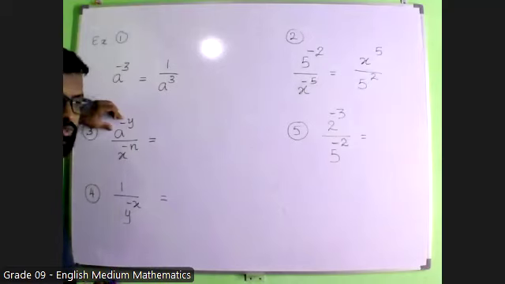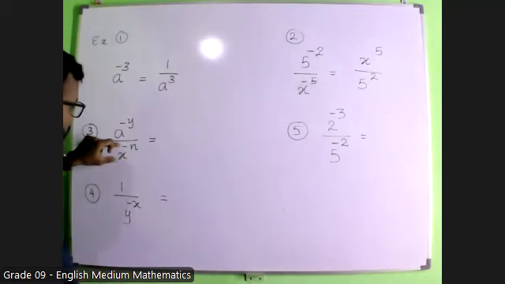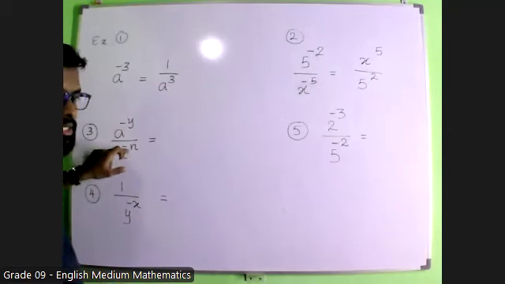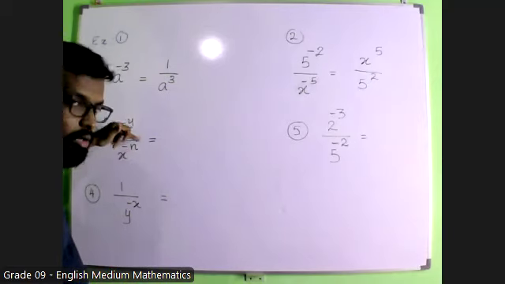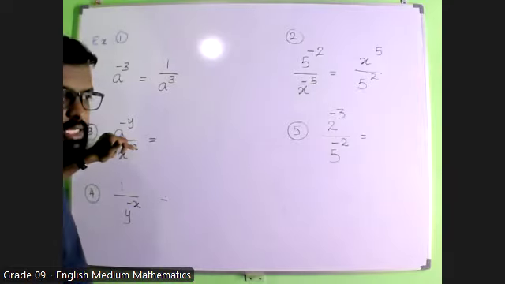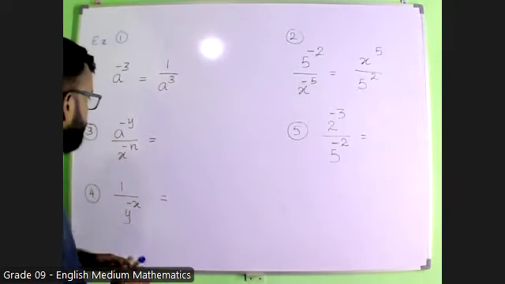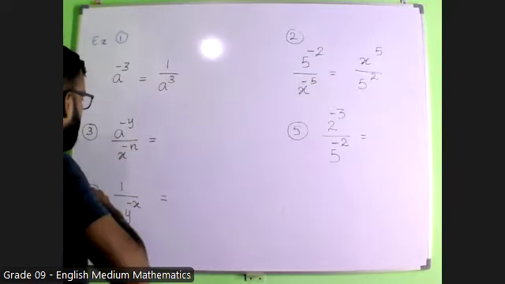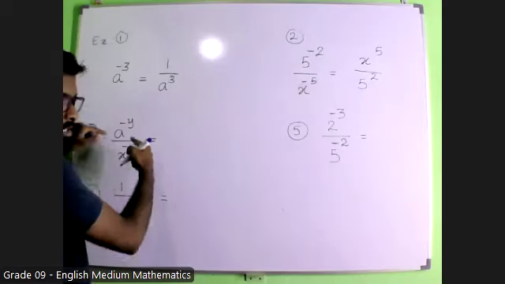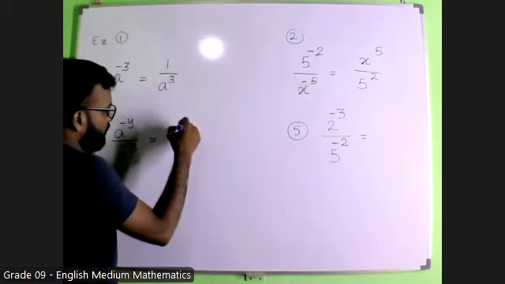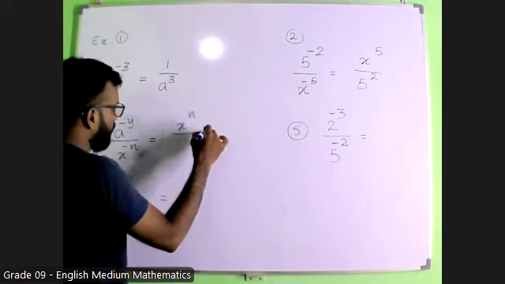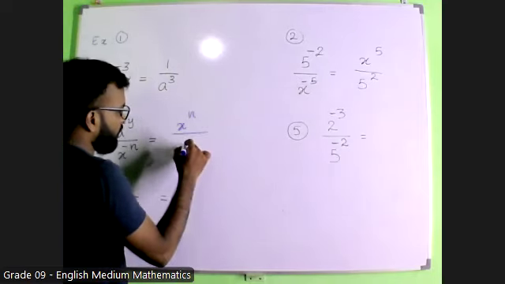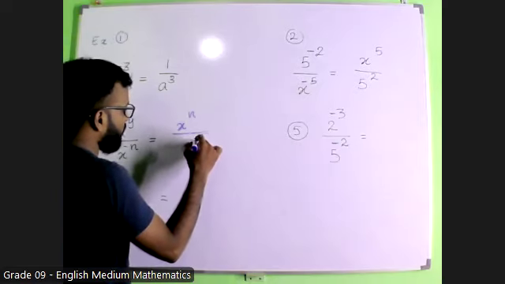a to the power minus y divided by x to the power minus n, right? So you can say a to the power minus y upon x to the power minus n. Now you can get the reciprocal of this: x to the power n divided by a to the power y.